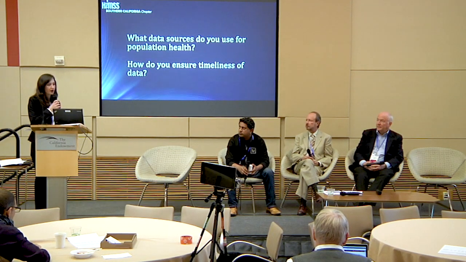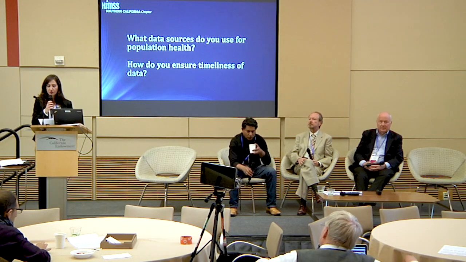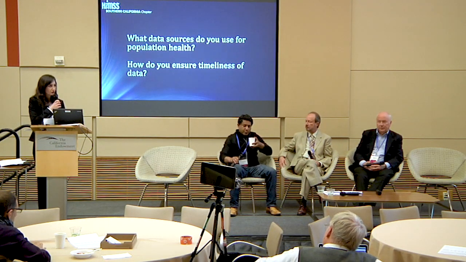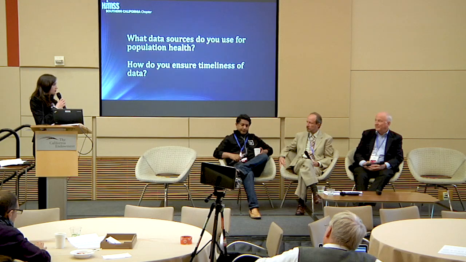I do know, just drawing upon my experience having run ACOs, and as you've referred to it, creating lists, for example, to risk stratify patients based on these data sources that we have. But some challenges that I know I've encountered in the past is the timeliness of data and being able to get real-time data, for example, to find out when a patient is in the ER, timely enough so that you can have your care management team follow up and be able to prevent that readmission from occurring again.